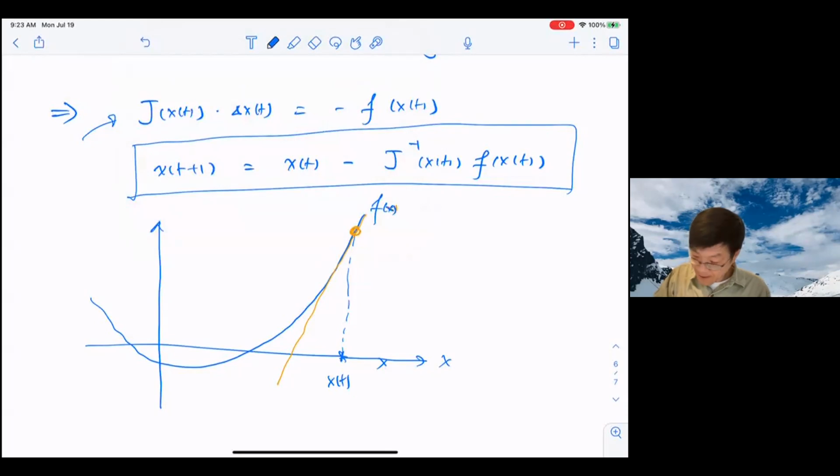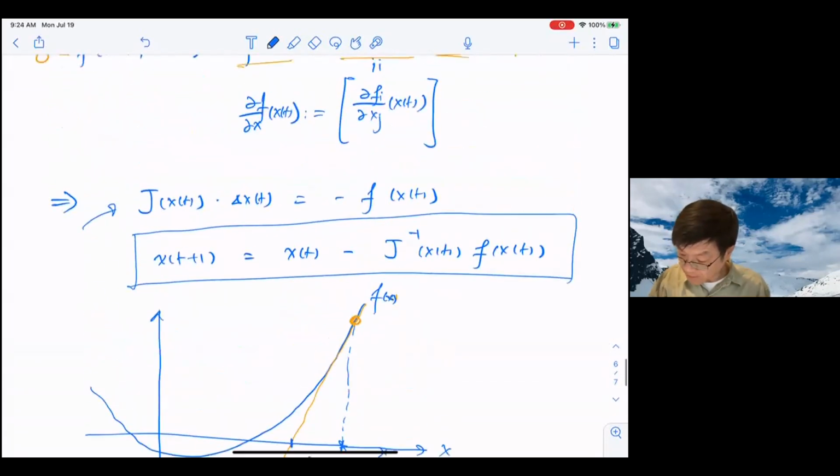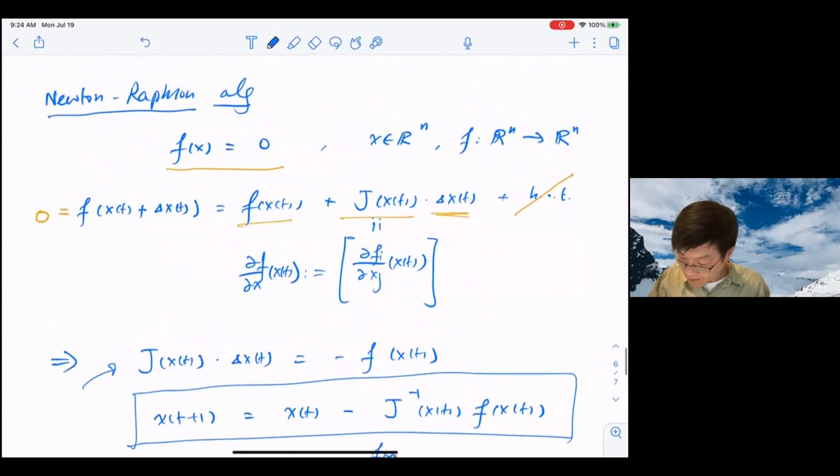Then the linear approximation at xt will hit the x-axis, and this is my next point. So I move from xt to xt plus 1, and then I repeat. I approximate the function at xt plus 1, draw a linear approximation, and where it hits the x-axis is xt plus 2. So that's the general idea of Newton-Raphson.